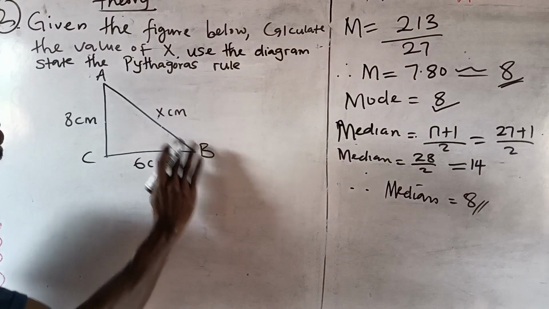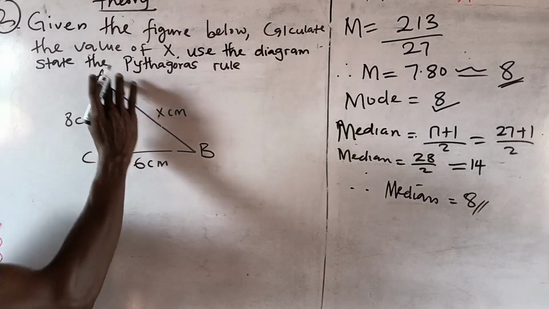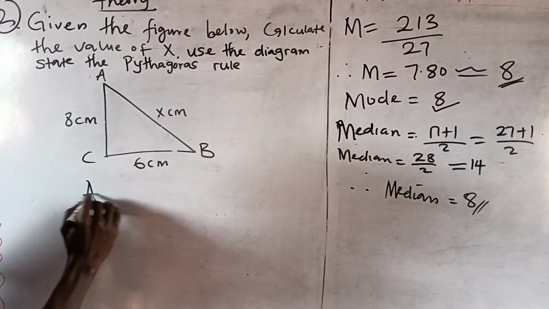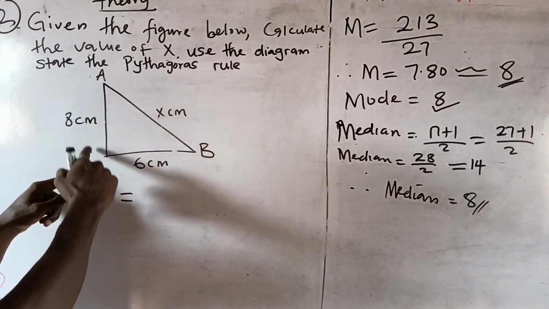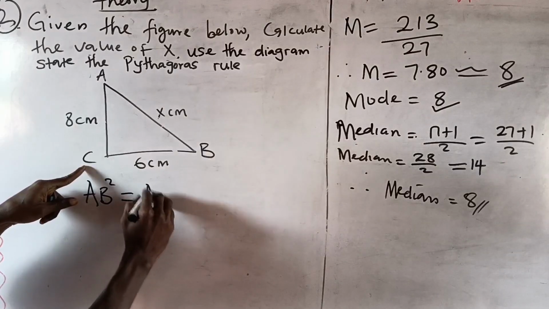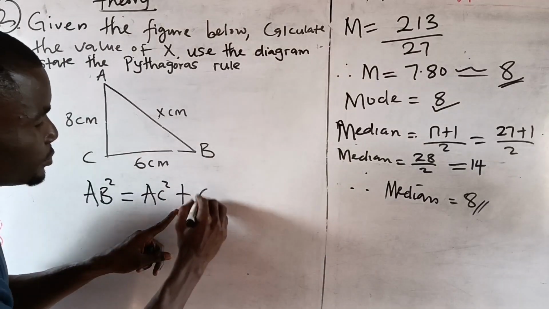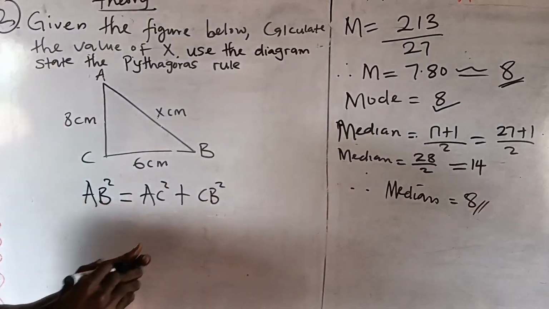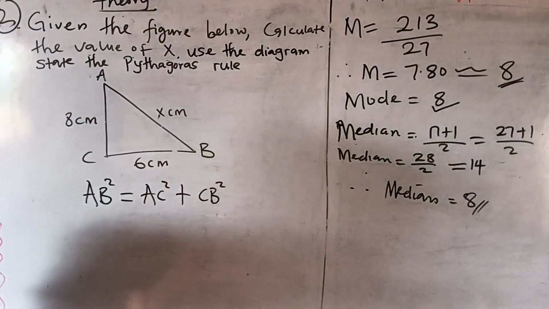So here, which is the hypotenuse side, we say the square. This is AB. We have AB square is equal to AC square plus CB square. That is the Pythagoras rule.